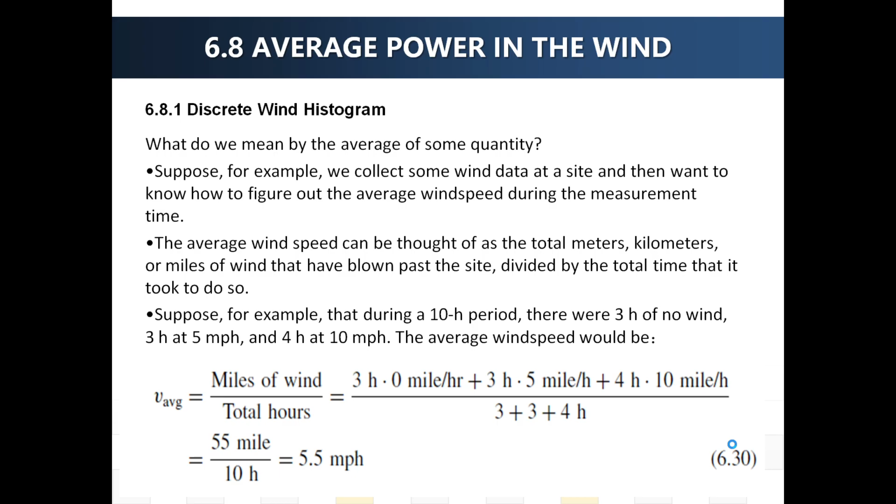They are divided by the total number of hours, which is 3 plus 3 plus 4. So the total miles is 55 and the total hours is 10. So the average wind speed is 5.5 miles per hour.